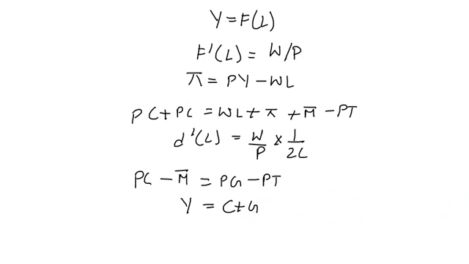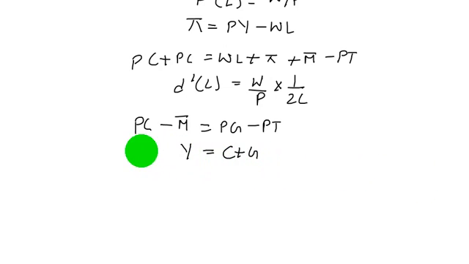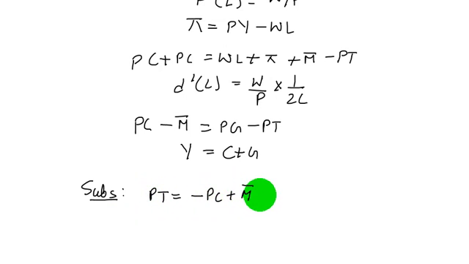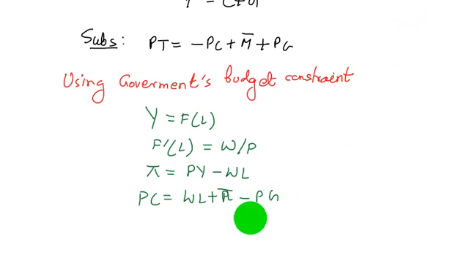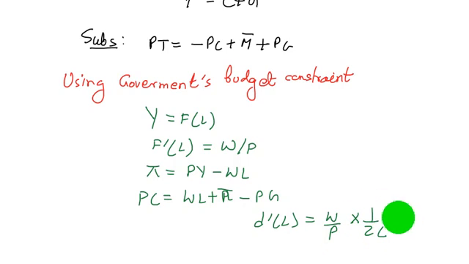Now we will eliminate T from the system by substituting PT equals minus PC plus M bar plus PG. Therefore D dash L equals W by P into 1 by 2C, and Y equals C plus G. Now we will eliminate pi by substituting pi equals PY minus WL.